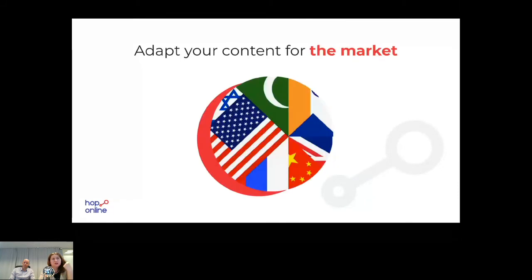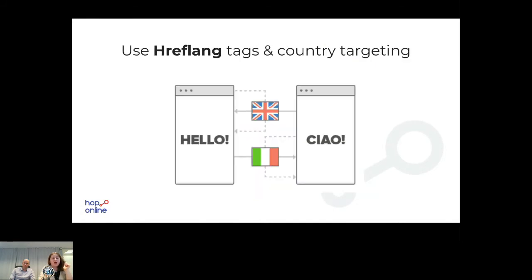And what you need is first adapting your content. If you already have your content in English, it would be relatively easy to get it translated and adapted for a new market. From the technical side of SEO, what you need to nail is the so-called hreflang tags, which give Google an understanding of the language and the country market that you're targeting.